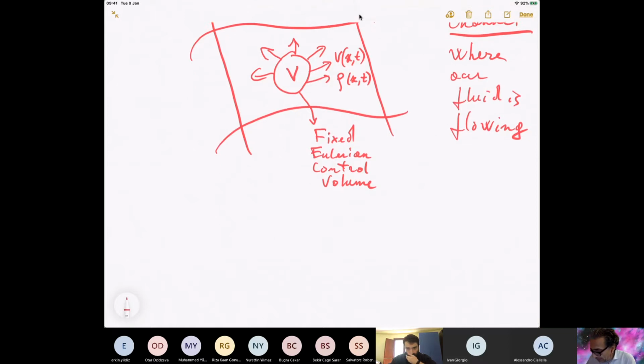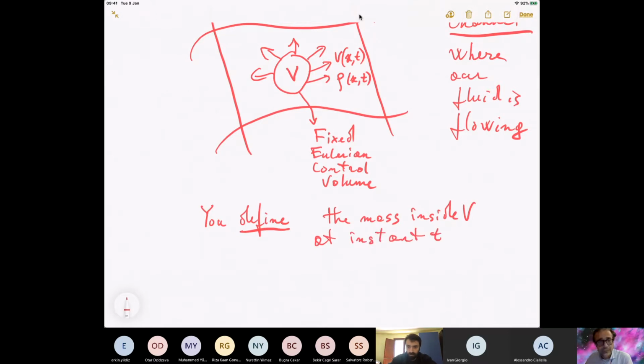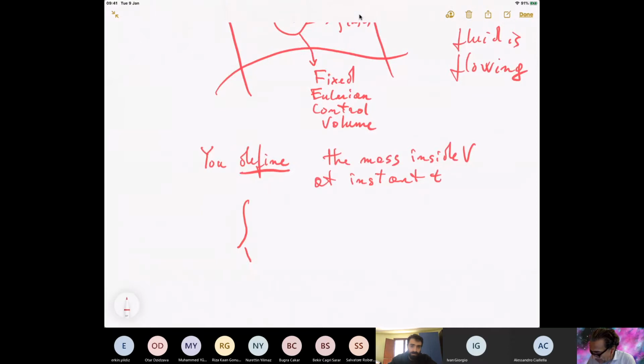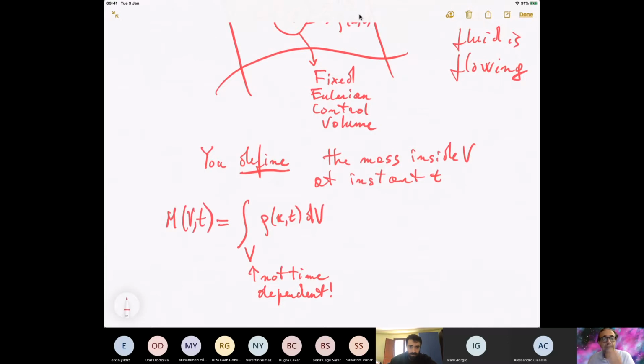Then you define the mass inside V at instant t as the integral over the volume, remark, not time dependent, of rho of x and t. This is the mass inside V at instant t.